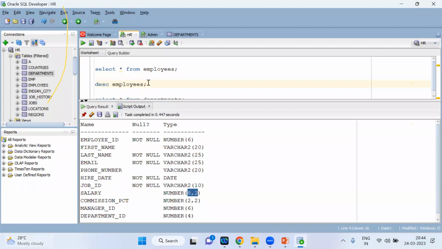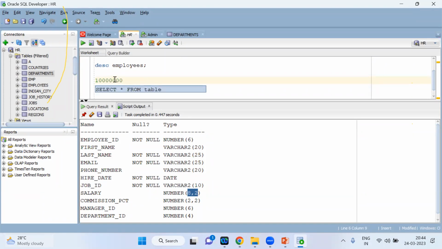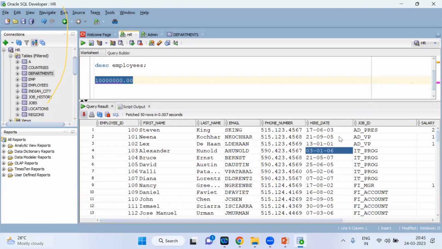Okay. So if your salary, they are saying that up to 8 digits you can store before the decimal, and after the decimal, you can store up to 2 digits. In this format, you can store up to this level of salary here.